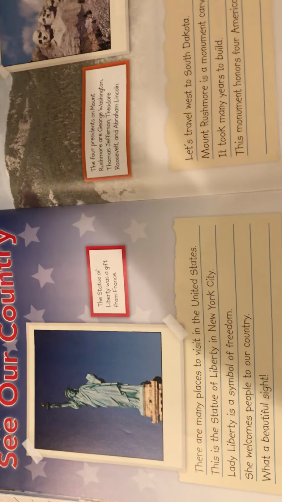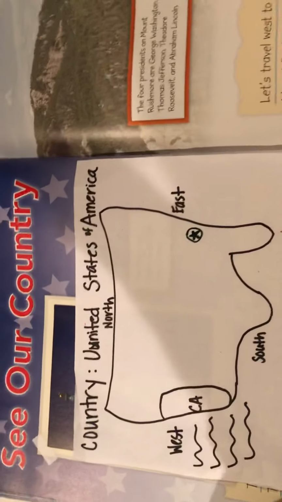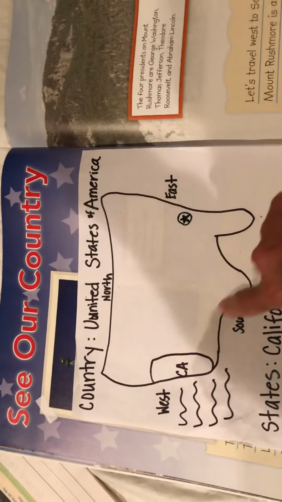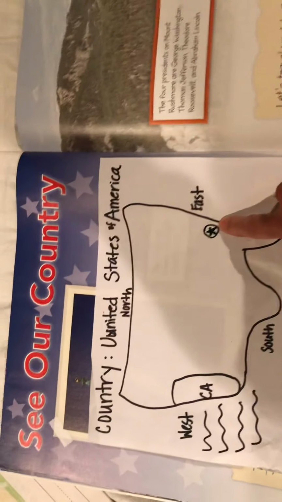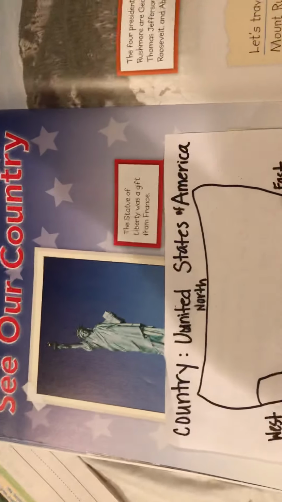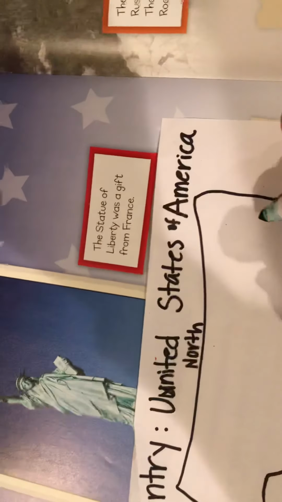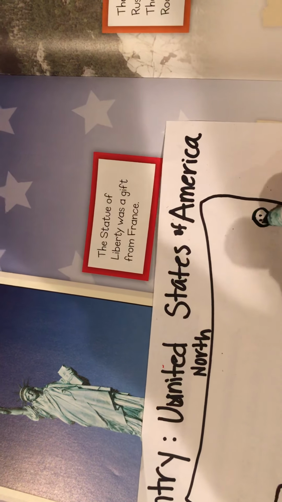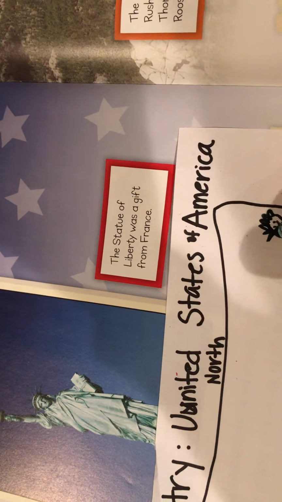What a beautiful sight. So let's go back here to the map and figure out where you can go to see the Statue of Liberty. So here we are in California. Here's Washington, D.C., our capital. And the Statue of Liberty is located in New York, which is north of Washington, D.C. And she's about, I'm just guesstimating, but she's about right here. 4, 5, 6, 7.